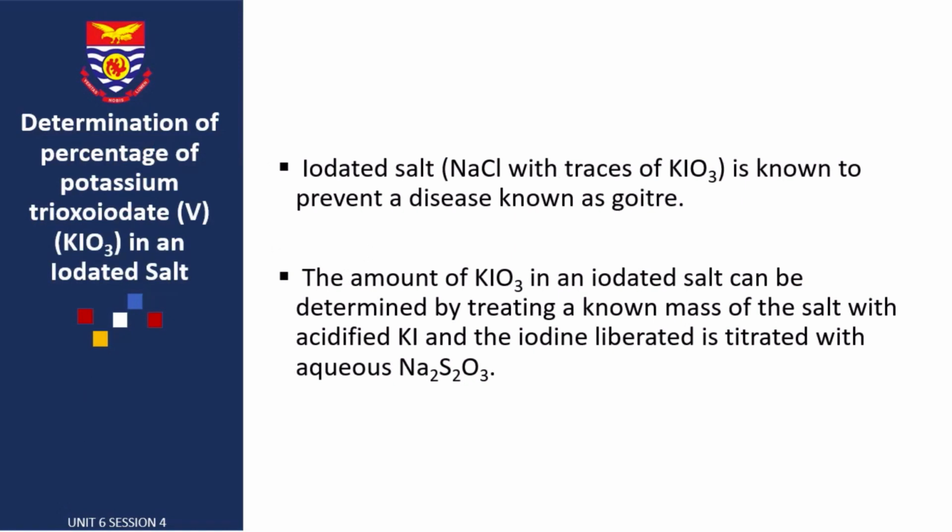Okay, so let's look at this problem. Iodated salt, sodium chloride with traces of KIO3, that is potassium trioxoiodate(V), is known to prevent a disease known as goiter. The amount of potassium iodate in an iodated salt can be determined by treating a known mass of the salt with acidified potassium iodide, and the iodine liberated is titrated with aqueous sodium thiosulfate.